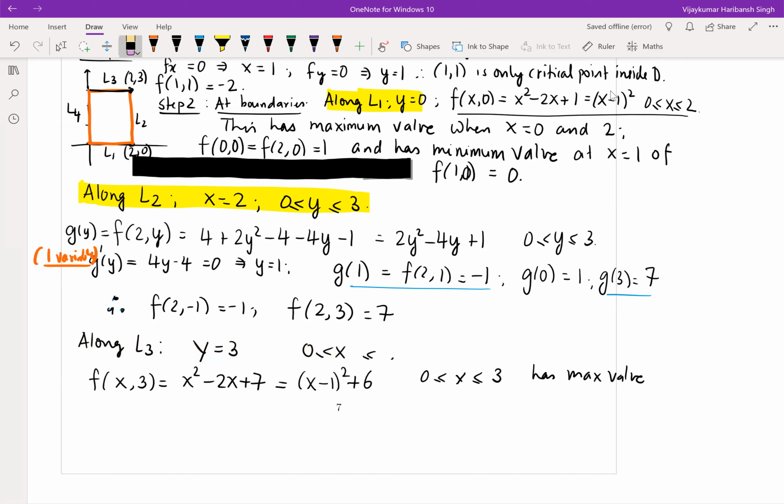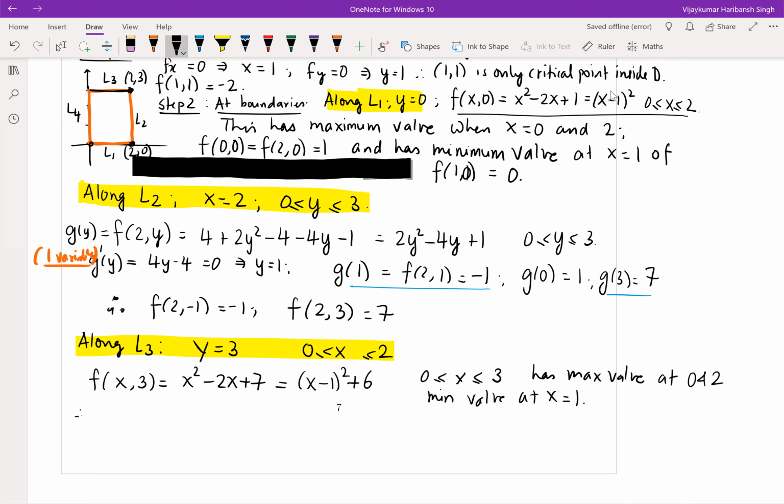So in this case, the maximum values are at 0 and 2 both, right? And the min value is at x equals 1.